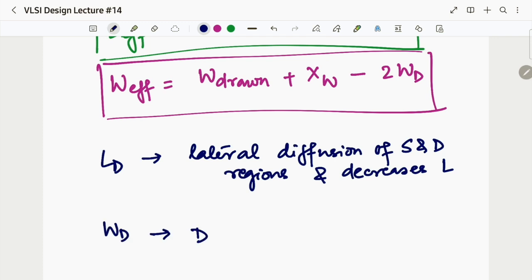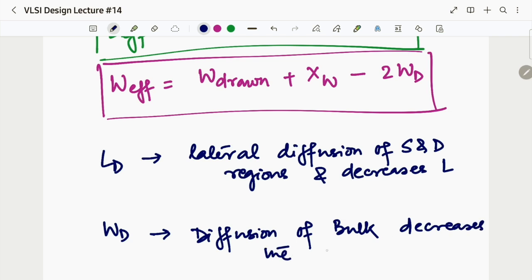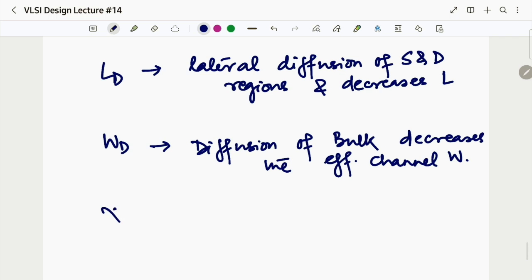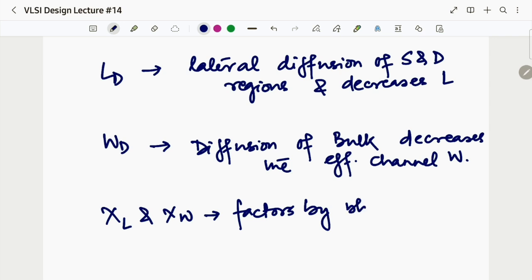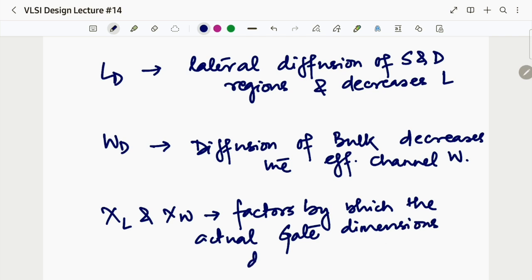WD is the diffusion of bulk, and it decreases the effective channel width, and XL and XW are nothing but factors by which the actual gate dimensions differ by.